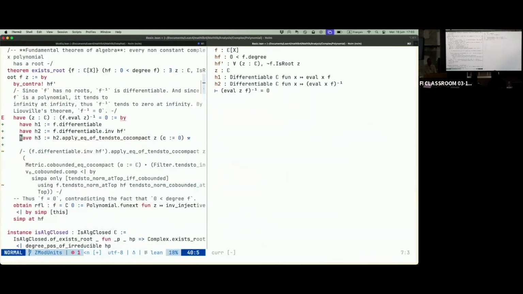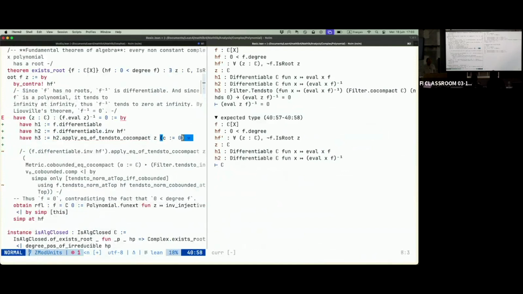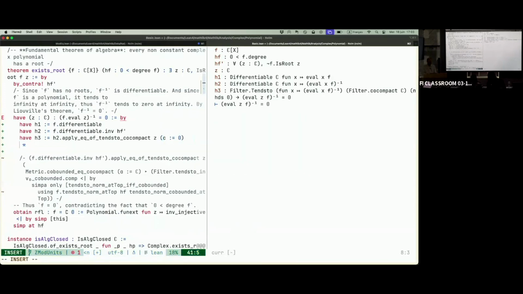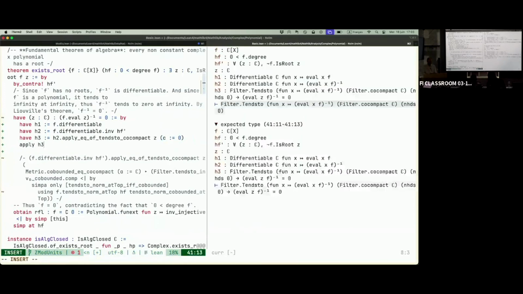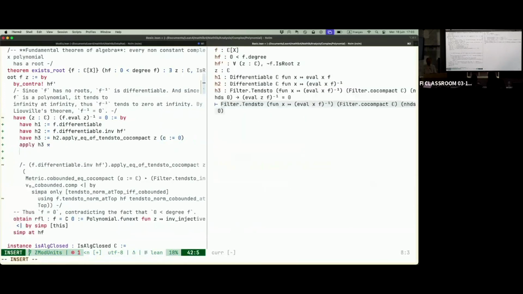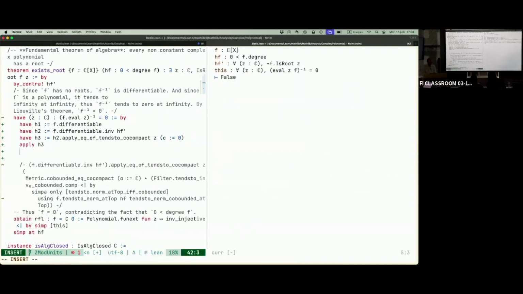Okay, so now we have H3 that says that if we can prove that f minus 1, the inverse of f, tends to 0 at infinity, then we'll prove that the inverse of f will be constant 0. And since we need to prove that, we can apply H3. And now we have to prove that the inverse of f goes to 0 at infinity. So now it's the second part of the proof.